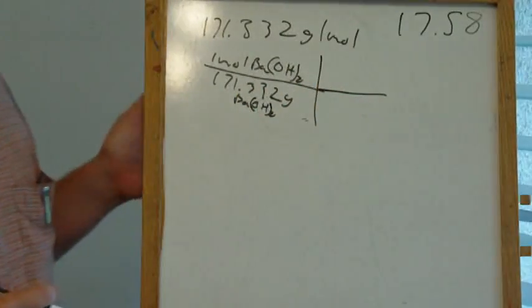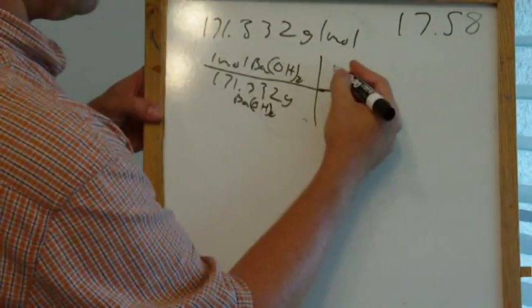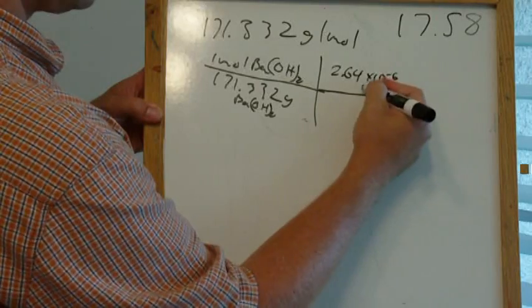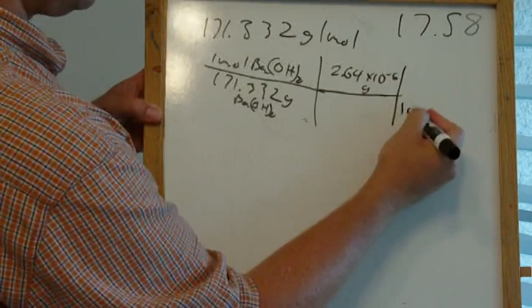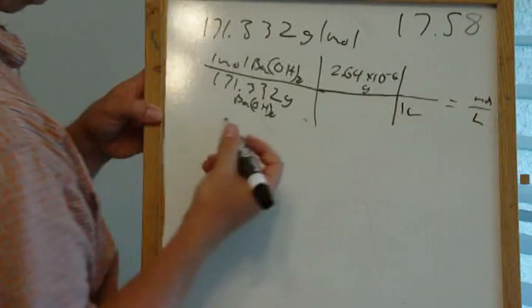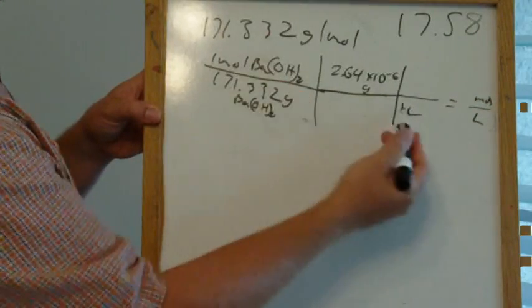And we added, it says 2.64 micrograms, so that's times 10 to the minus 6 grams, and we put it into 1 liter of solution. So that gives us in the end moles per liter. Grams cancel out, we're left with moles per liter.